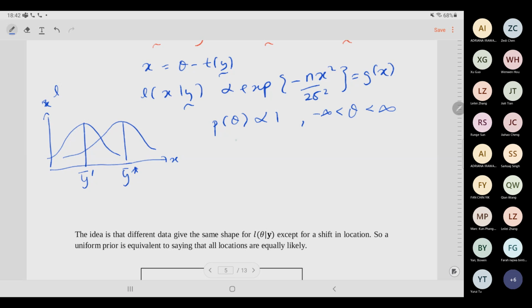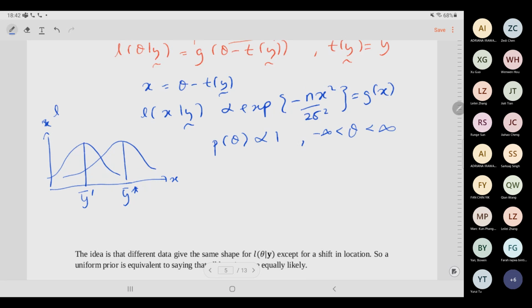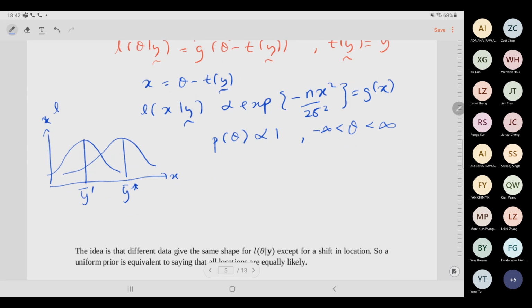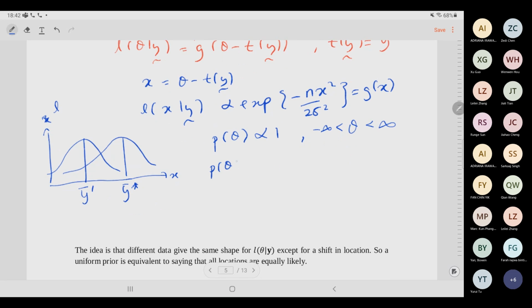So anyway, if I use a flat prior for theta, which is also improper, then my posterior will be proportional to my likelihood multiplied by 1, because the prior is 1.